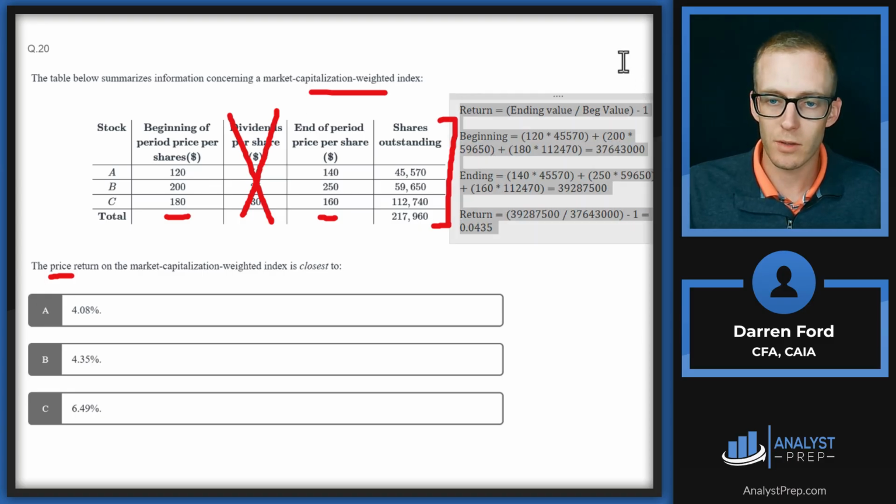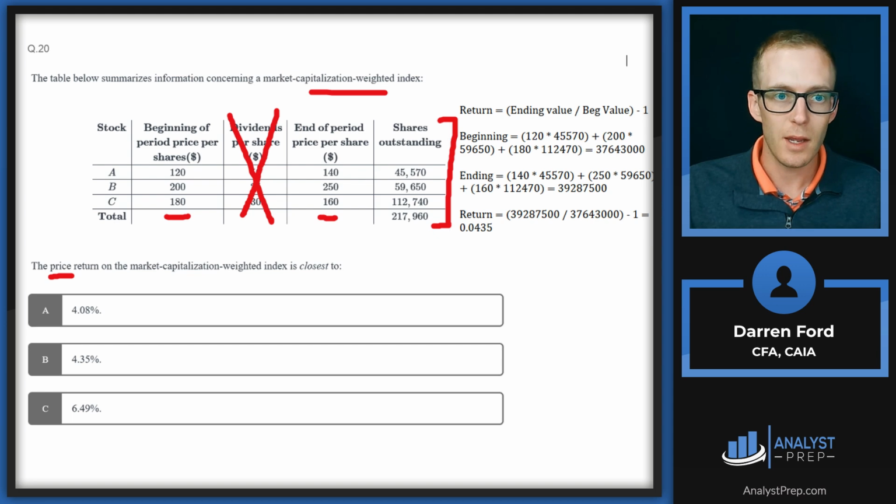So our return, normal formula, ending value divided by beginning value minus 1. To get our beginning values, we're going to just multiply this price per share by shares outstanding. We can see that 120 times 45570. Then we're going to add that down the line. So 200 times this column, 180 times this column. And we don't need to do anything with the weighting because we are market cap weighting. So by multiplying these two columns together, that's going to give us our market cap weighting.